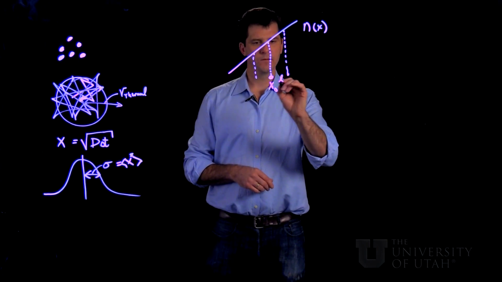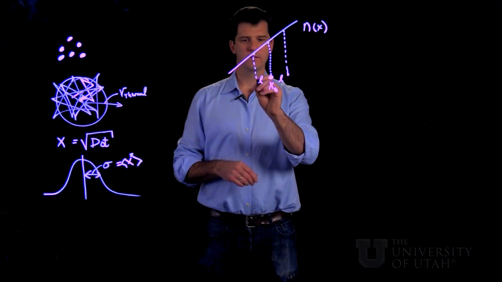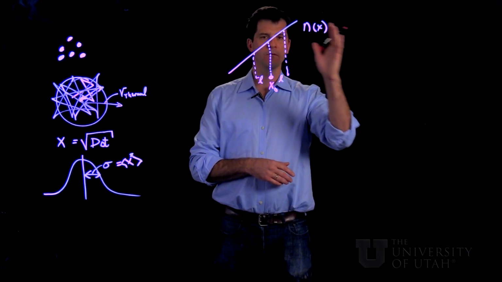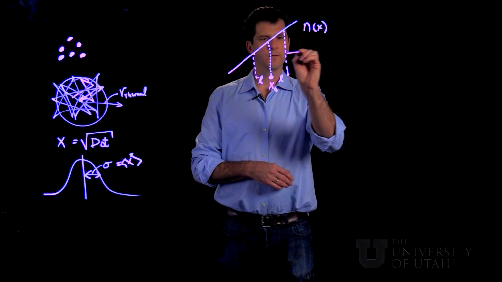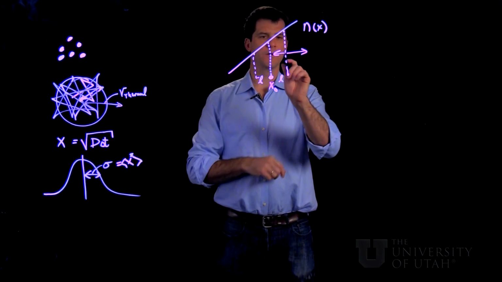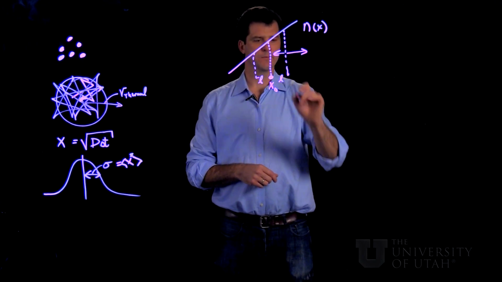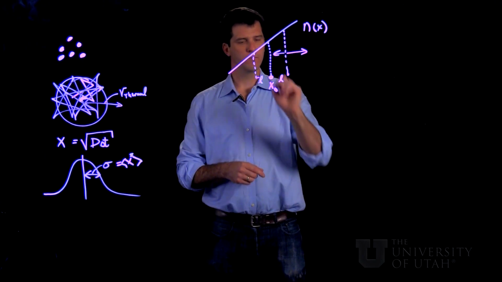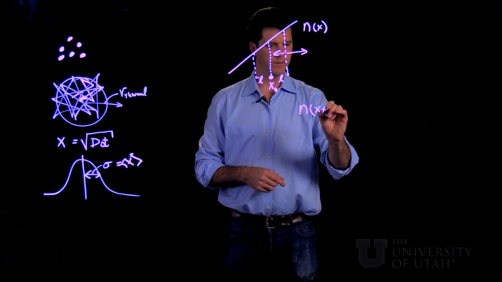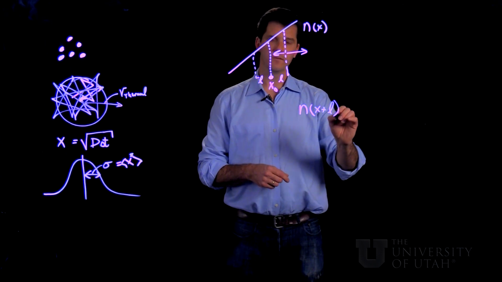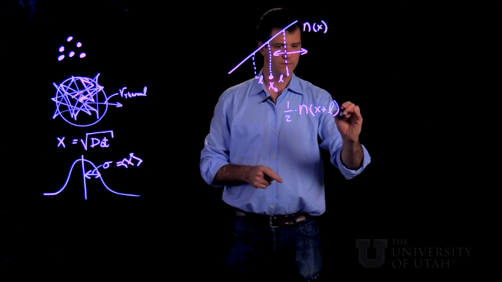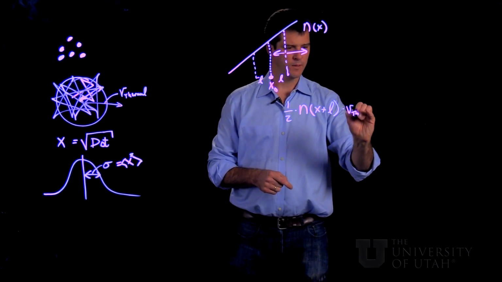So if we have the region just to the right of x naught, on average, half of its electrons in this region are traveling to the right and half to the left. So the particle flux there will be n of x plus L times 1/2 times the thermal velocity.